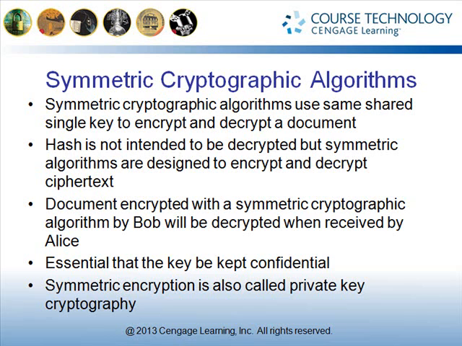Symmetric cryptographic algorithms use the same shared single key to both encrypt and decrypt a document. It's much like having a door with a lock and one key. That one key can unlock the door and open it up so you can enter the room.